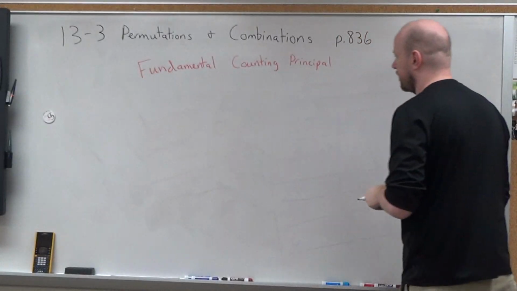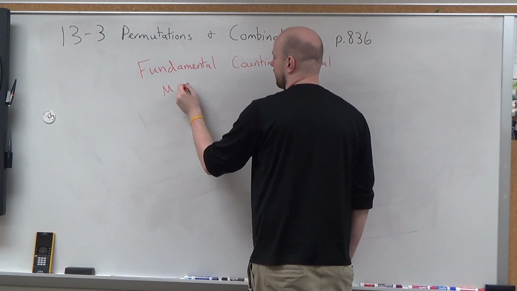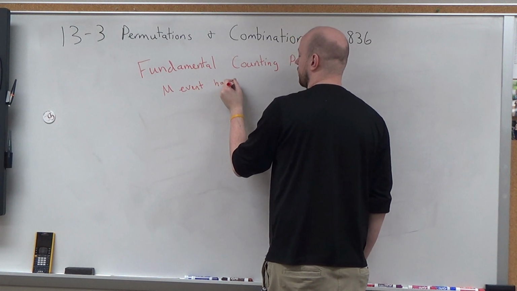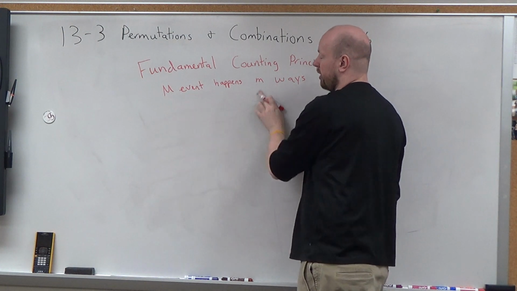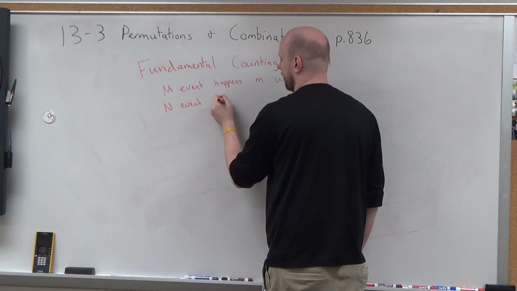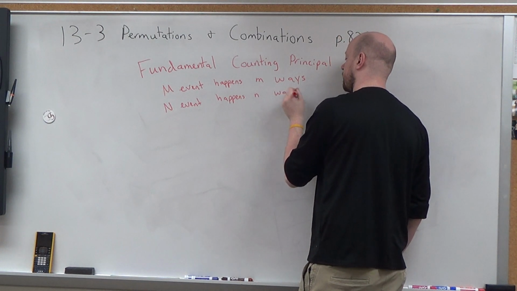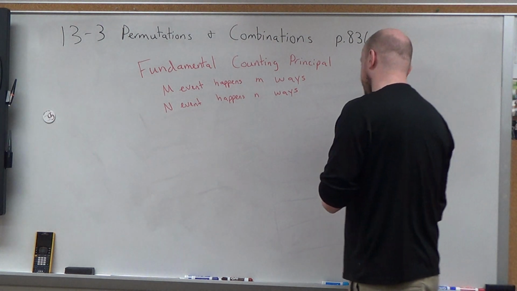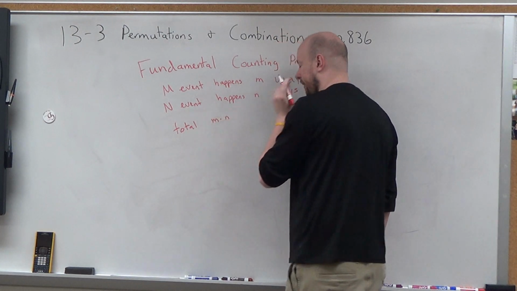The fundamental counting principle says that if M event can happen M ways, and N event happens N ways, well, that sounds a little like nonsense, but don't worry, it'll make sense. The total would be M times N.